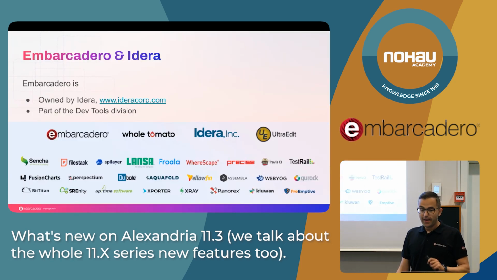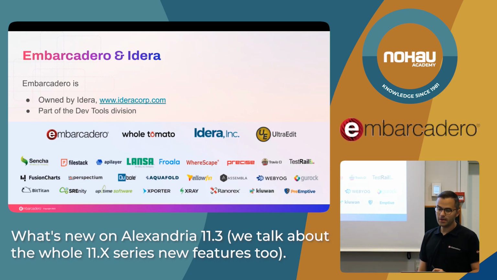Okay, before going into what's new in Alexandria 11, I wanted to talk about Embarcadero, that I don't know if all of you know that now is part of Idera Corporation. It's great that we have all these brands under the same company because we're learning a lot from each other and we're getting a lot of feedback from other divisions of the company.